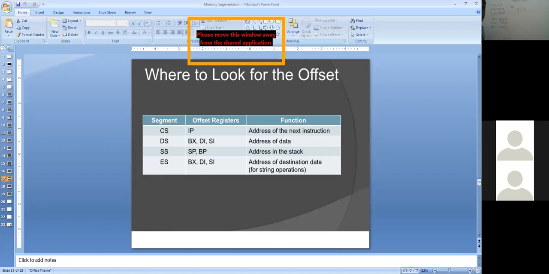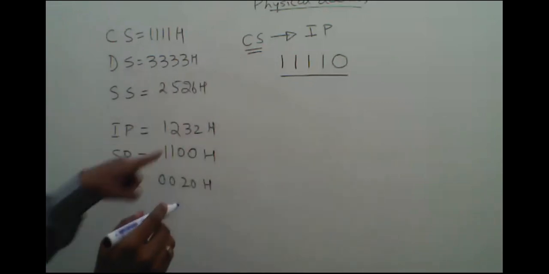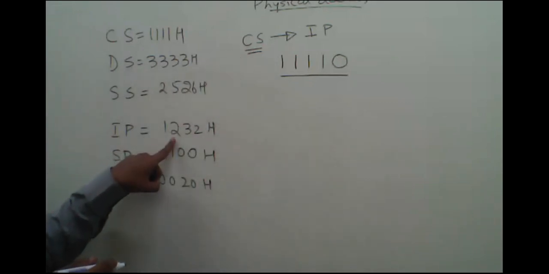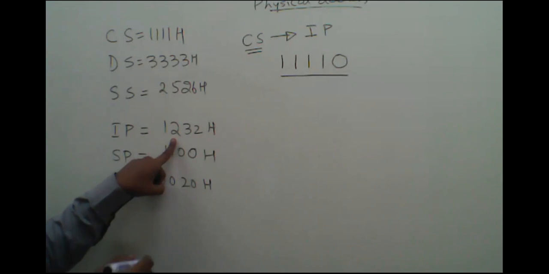Okay, then for the code segment register, what is the corresponding offset register? We use the instruction pointer. Now, what is there in the instruction pointer? The instruction pointer has a 16-bit address 1232.